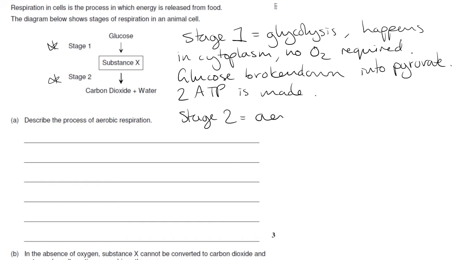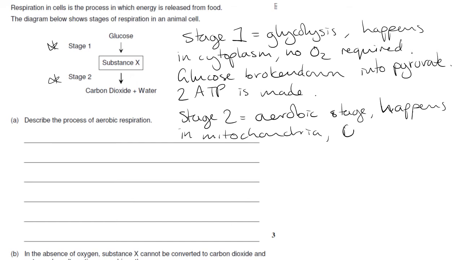That's my aerobic stage. So we think aerobic stage, where does this happen? In the mitochondria. What do I need? Oxygen is required.